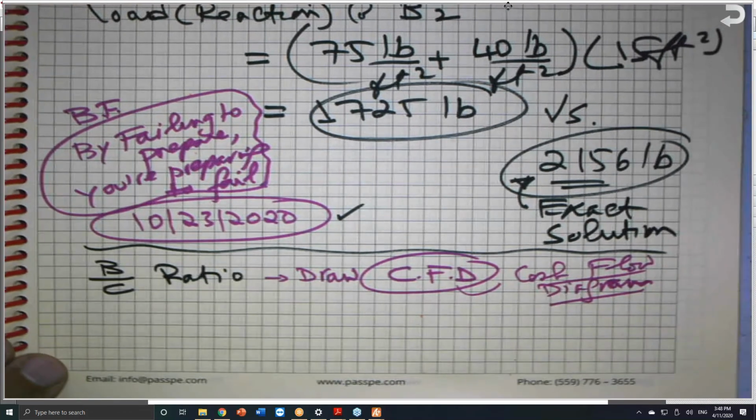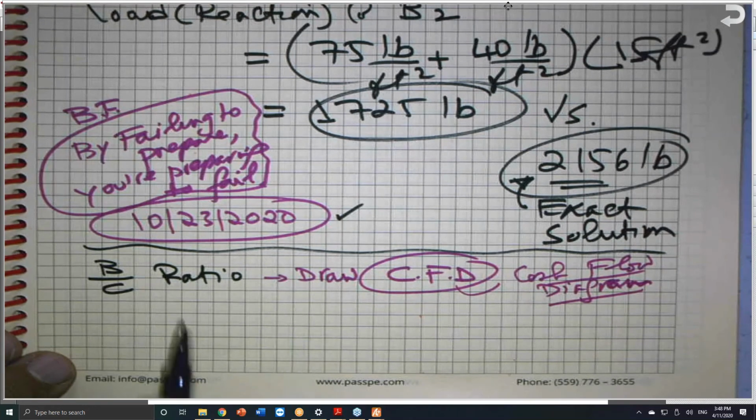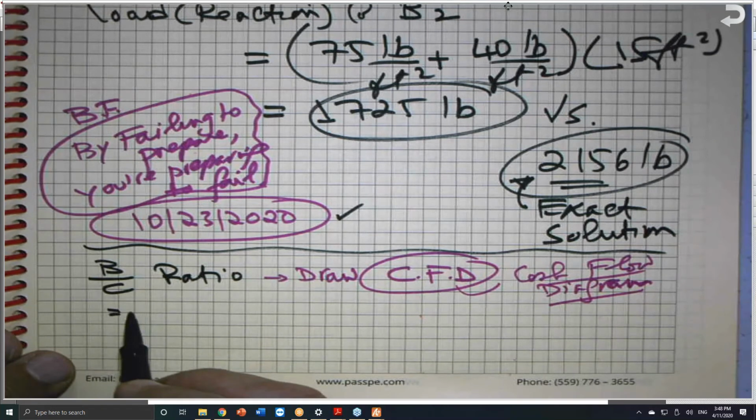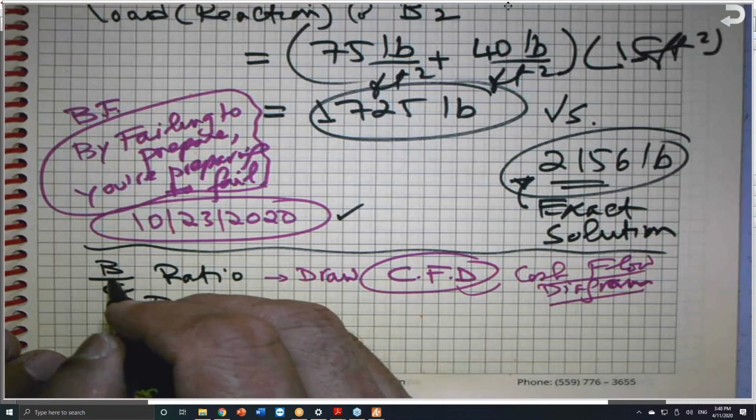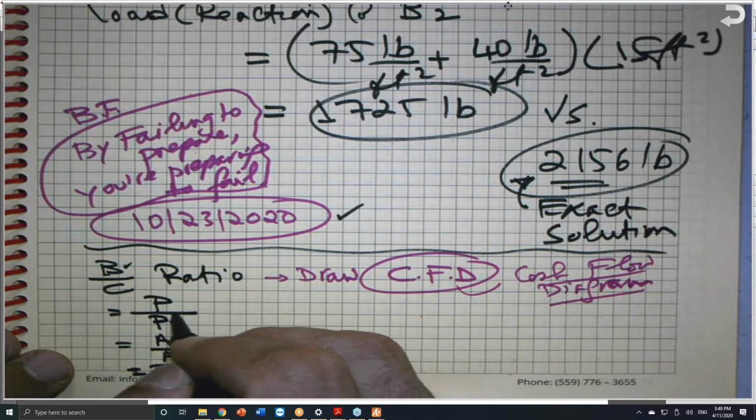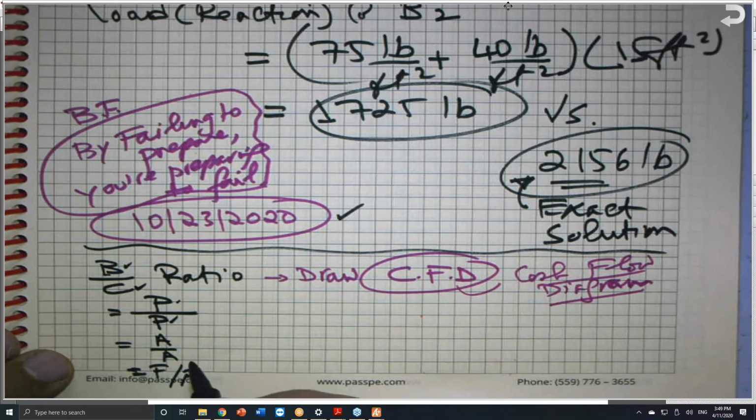The other thing which is very important: when we are doing the benefit cost ratio analysis, we have to use either a present worth over a present worth, or annual over annual, or a future over future. That means the present worth of the benefits over the present worth of the costs, or the annual. Sometimes we write this as the equivalent uniform annual cost.